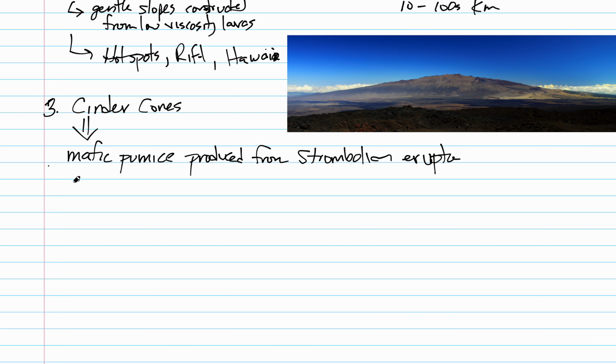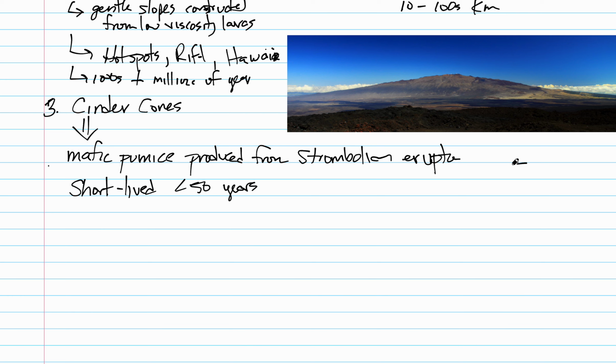One of the things we should say about this is that these are short-lived, less than 50 years. Whereas our shield volcano could be on the order of thousands of years to millions of years to build them up. All right, but the cinder cone is short. It's like 50 years. And so it totally looks different.